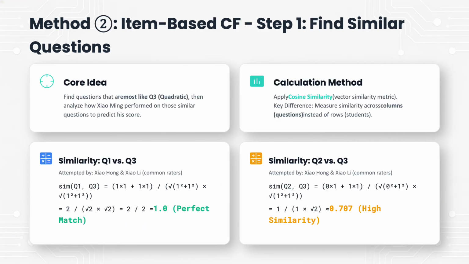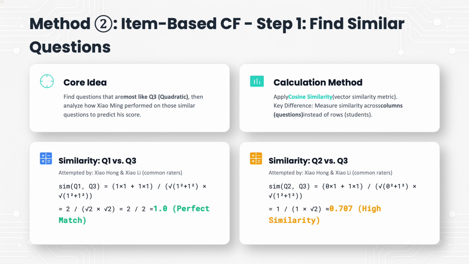Now let's try the other flavor of CF, item-based. Instead of looking for similar students, we look for similar questions. The logic is, if question A is similar to question B, and a student did well on A, they are likely to do well on B. We use the same cosine similarity formula, but this time we apply it to the columns, questions, of our matrix.